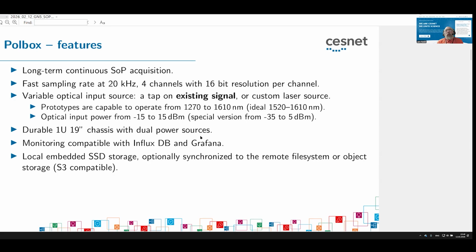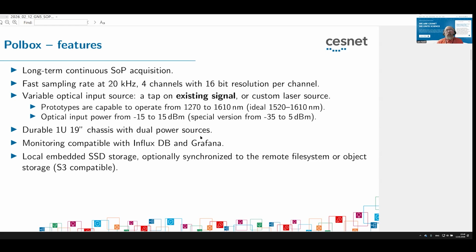This prototype is capable of operating from the original band to L-band, but of course it's better to use C and L-band, though there is nothing critical. And optical power can be, or should be, for the standard units, -15 to +15 dBm. And we also have a special version which can work with signals down to -35 dBm. For optical people, -35 dBm is a pretty low, pretty faint signal.